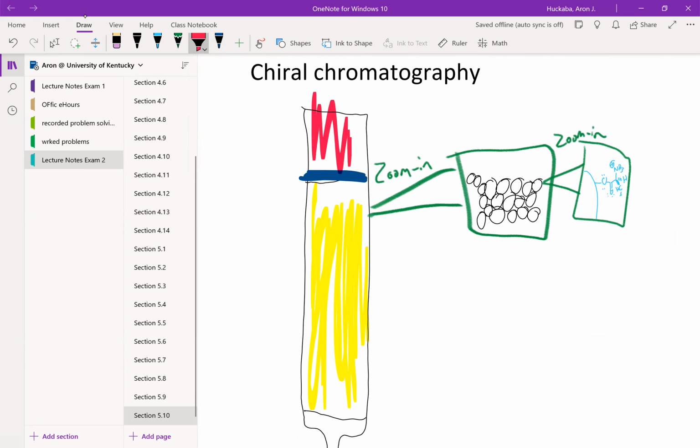As this goes through the column, because gravity will force it to come down, depending on what type of enantiomer it is, some enantiomers that we are trying to separate will interact strongly, and so it'll go pretty slow, as you're seeing me do here, where it just slowly flows down the column.